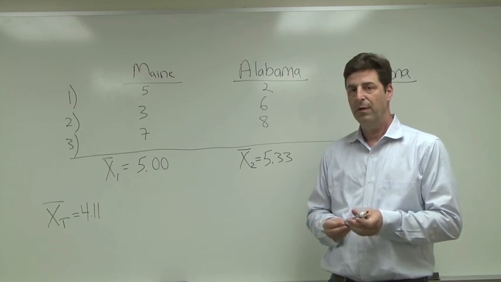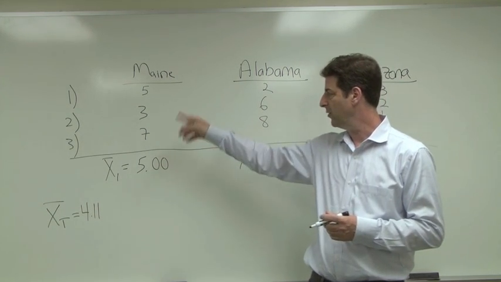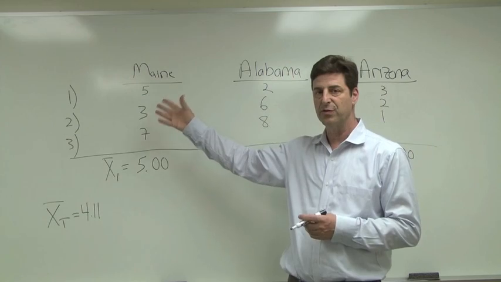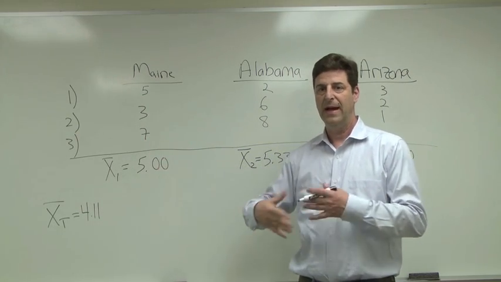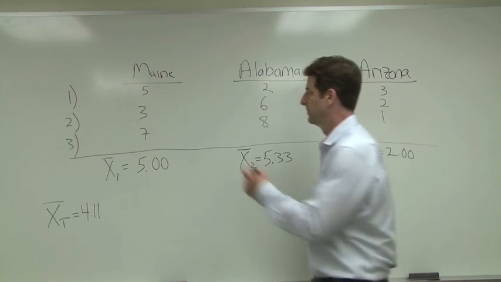So we subtract the group mean from each individual score within a group, square it, add those all up. So here's how it looks.